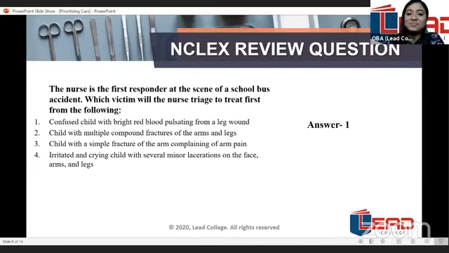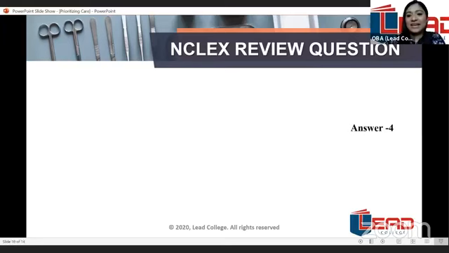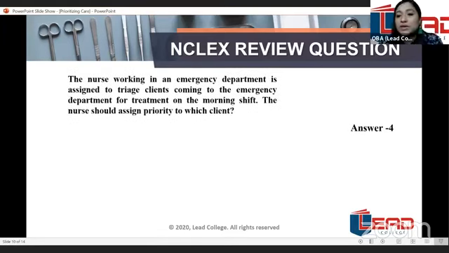Okay. Next, let's go to the third question for the day. The nurse working in an emergency department is assigned to triage clients coming in for treatment on the morning shift. Imagine you are the nurse on the morning shift, responsible to triage the patients. Which patient will you assign priority first?